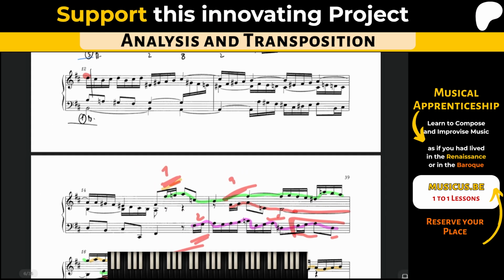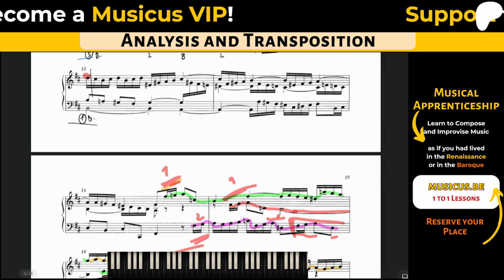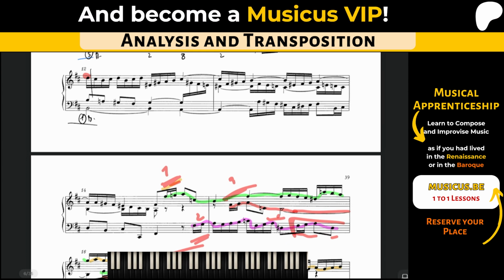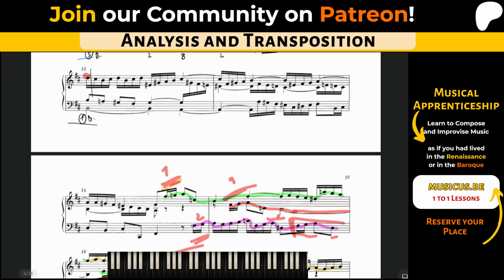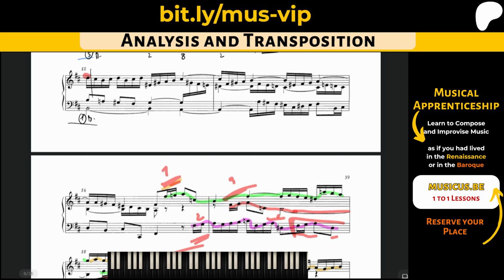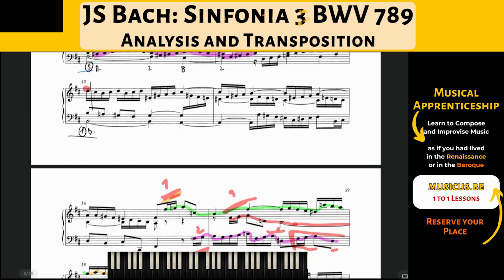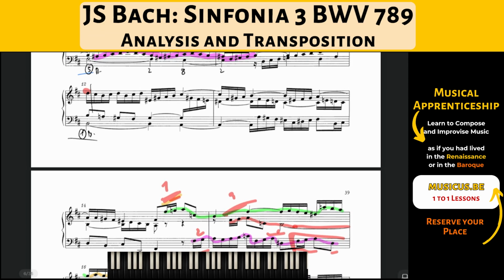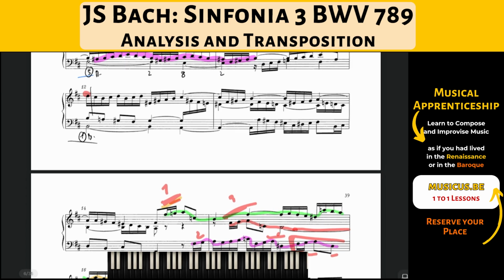It's very similar to the subject, but it's embellished. The structure is very similar to the subject. First of all, some interesting elements we have in common. It's the same pattern that we have in the subject, but now arranged in different voices.